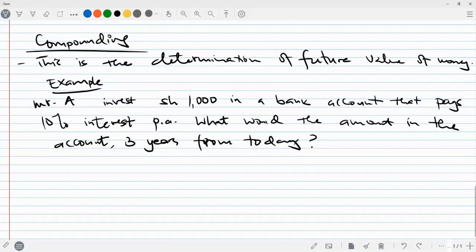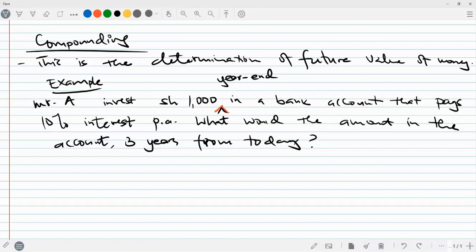Okay, so I want us to make an assumption. Let me qualify this statement here. Mr. A invests 1,000 shilling at the year end in a bank account that pays 10% interest per annum.